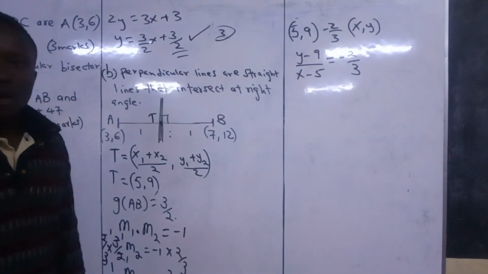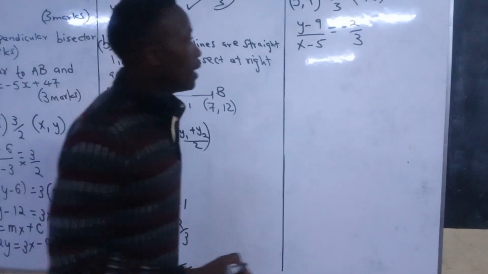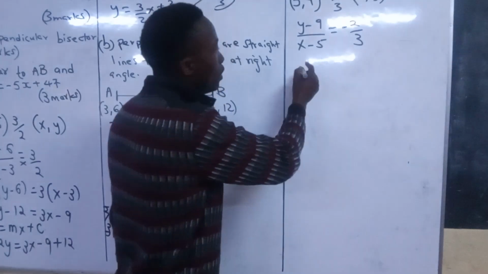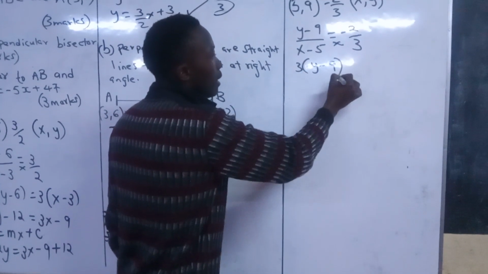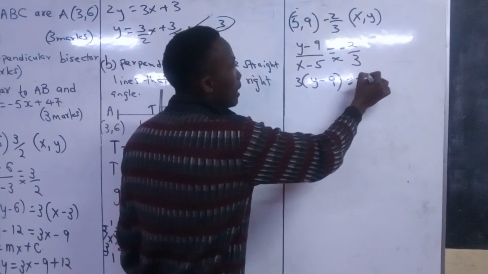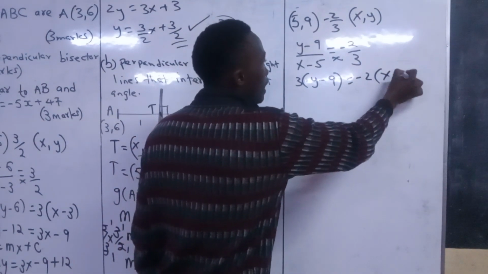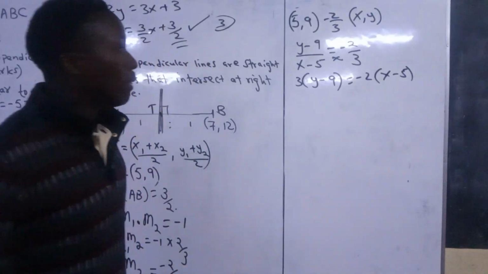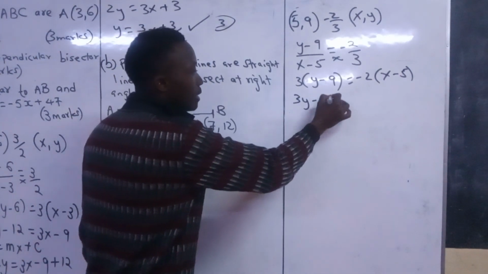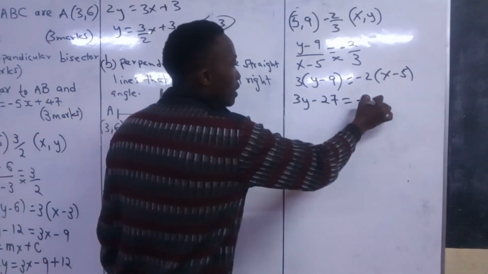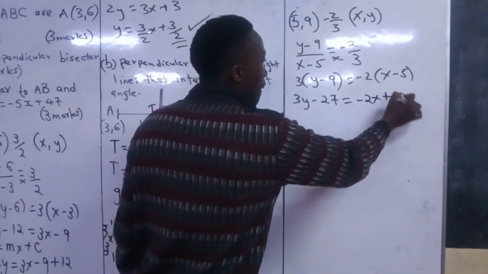And by reaching there, we can cross multiply. When we cross multiply, we get 3 into brackets y minus 9 is equal to -2 into brackets x minus 5. So we open our brackets to get 3y minus 27 is equal to -2x plus 10.